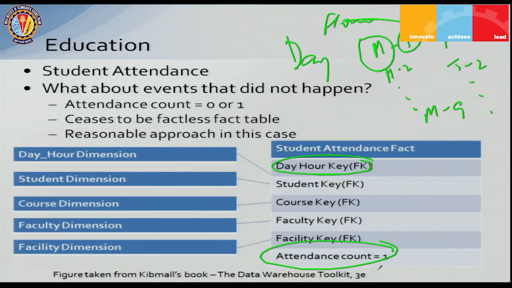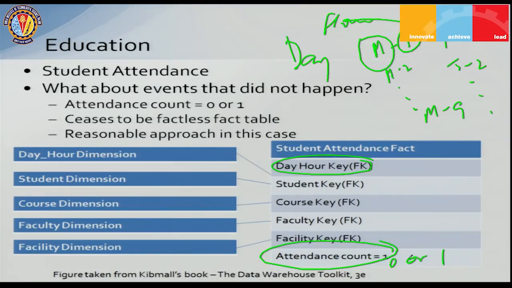Now what about events that did not happen? Say we can use this attendance count as 0 or 1 to model this. So 0 when the student did not attend and 1 when he attended. Once I put a fact that takes on two values, it ceases to be a factless fact table.